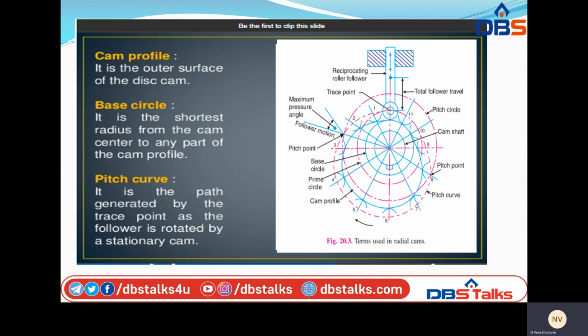So the pitch curve is the cam profile. There is no gap or thickness present. That's why the cam profile equals the knife edge follower pitch curve in any diagram.